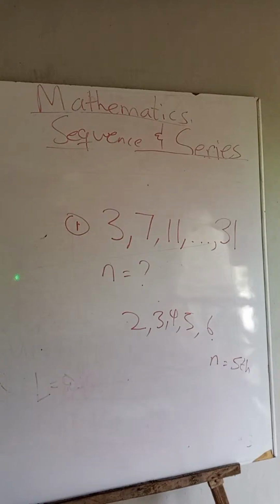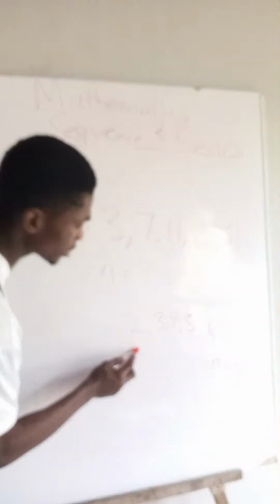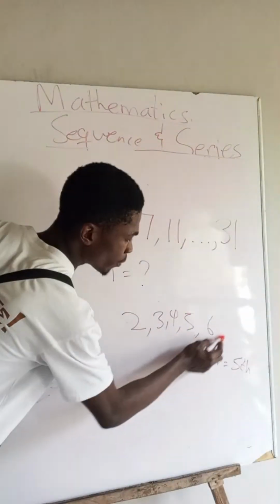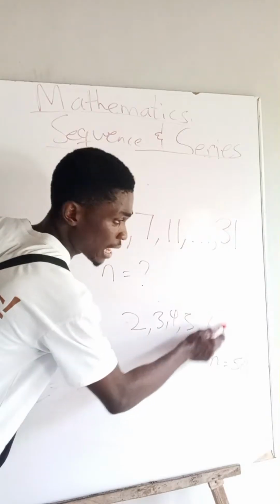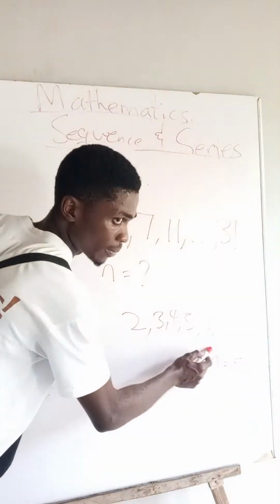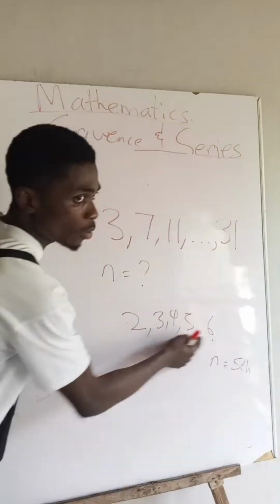Listen carefully. I'm saying that the number of terms, with this one, this is 1, 2, 3, 4, 5, right? So the position of the last term is the same as the number of terms here.